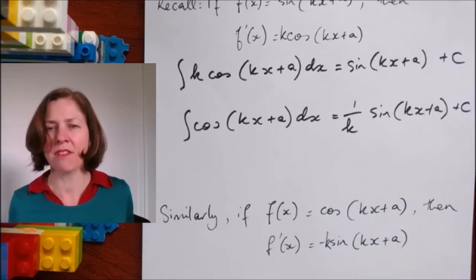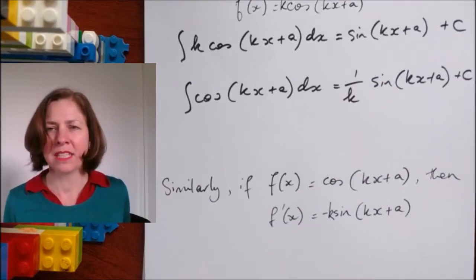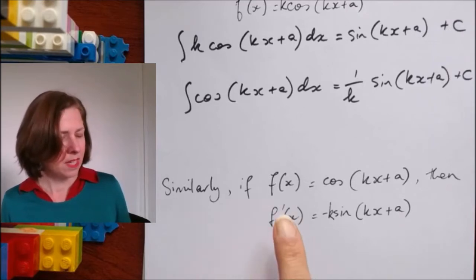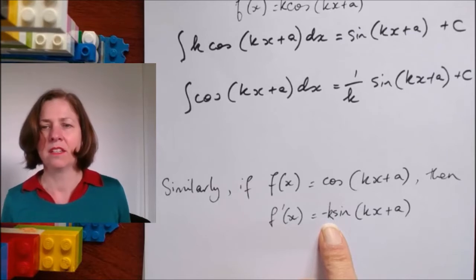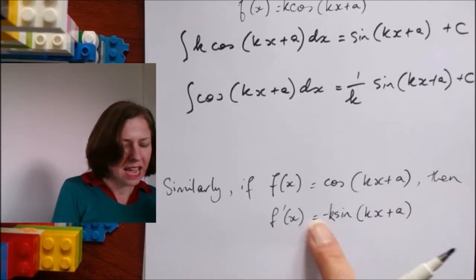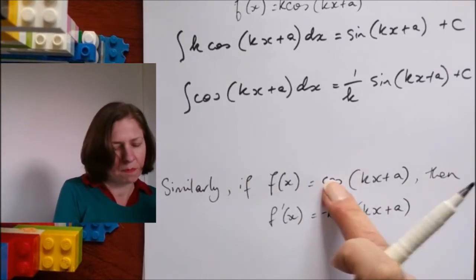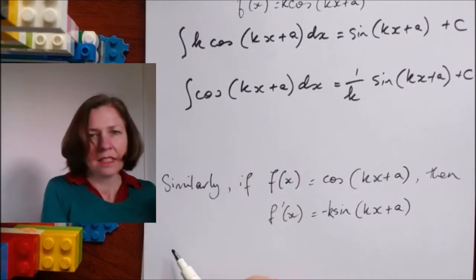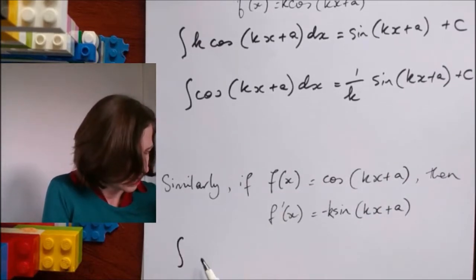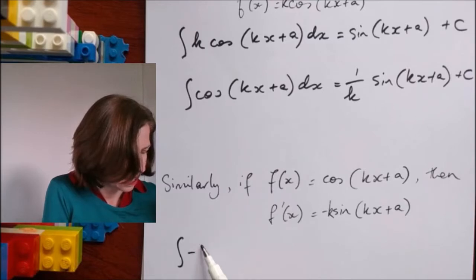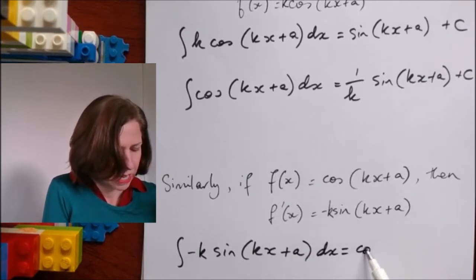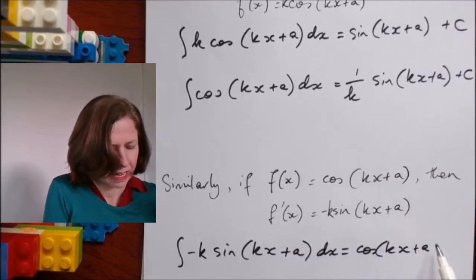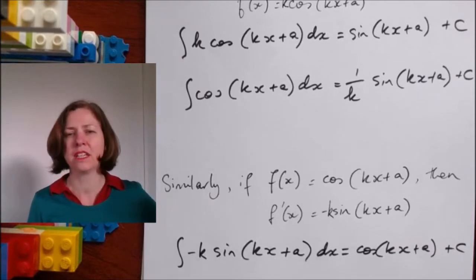Okay, so let's look at how this works for cos kx plus a, and it's a very similar thing. The derivative of cos kx plus a is negative k sine kx plus a. So that means that the antiderivative of this is going to be cos kx plus a. So I write down the antiderivative of negative k sine kx plus a dx is going to be cos of kx plus a, and throw in our plus c on the end, of course.